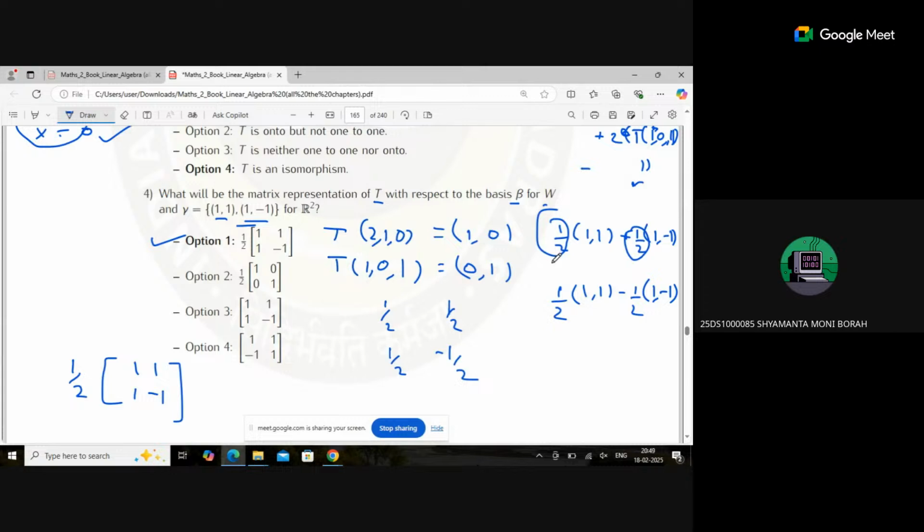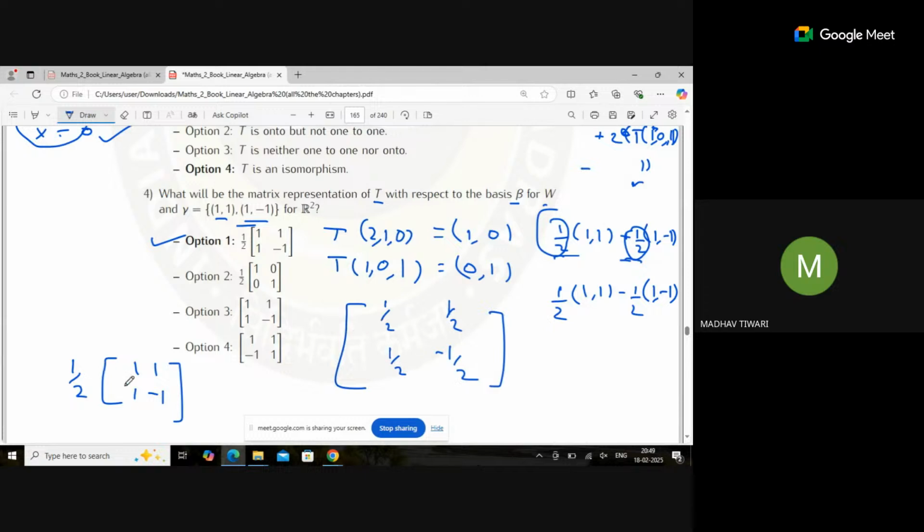These are the coordinates, right? Half and half, and half and minus half. Yes, sir, these are the coefficients of these things. So I wrote the row as a column here, 1 by 2, 1 by 2, and 1 by 2, minus 1 by 2 as the second column. These coefficients are my matrix coordinates, basically the entries inside this matrix.